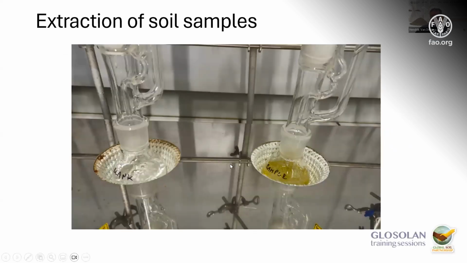Here I have another example of a Soxhlet extraction where you can see a blank and a sample to the right, and you see the sample is much more colored because you have PAH and also other components that are extracted from the soil. Much of these components can interfere with the measurement. That is why we also have to do a cleanup.